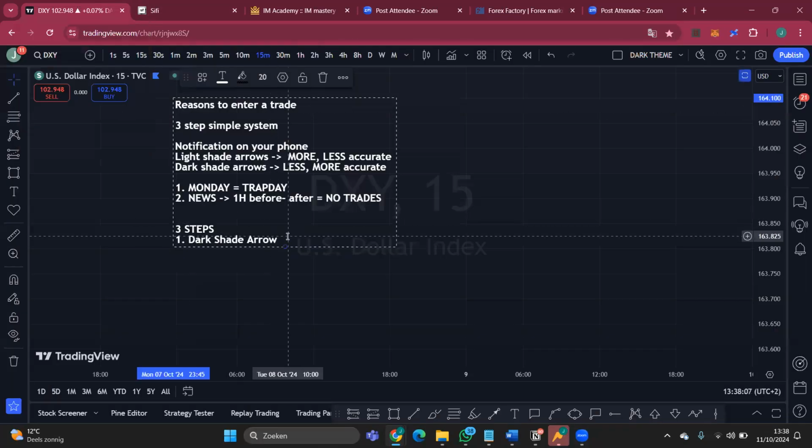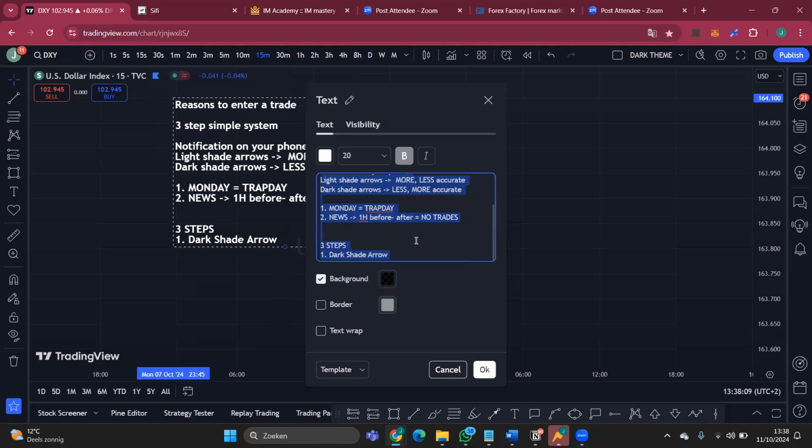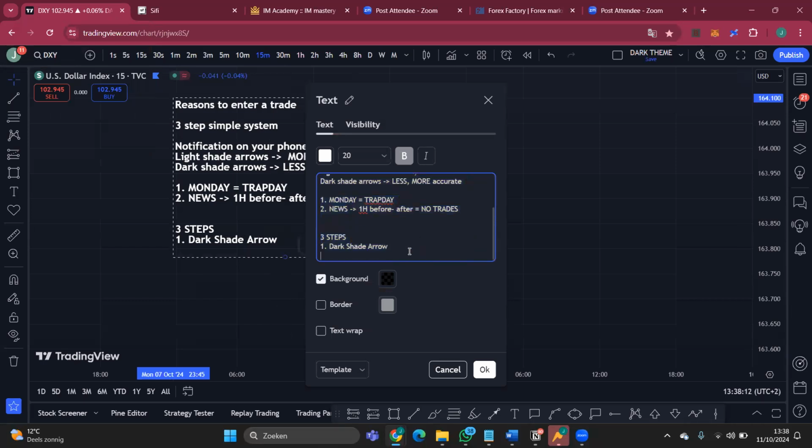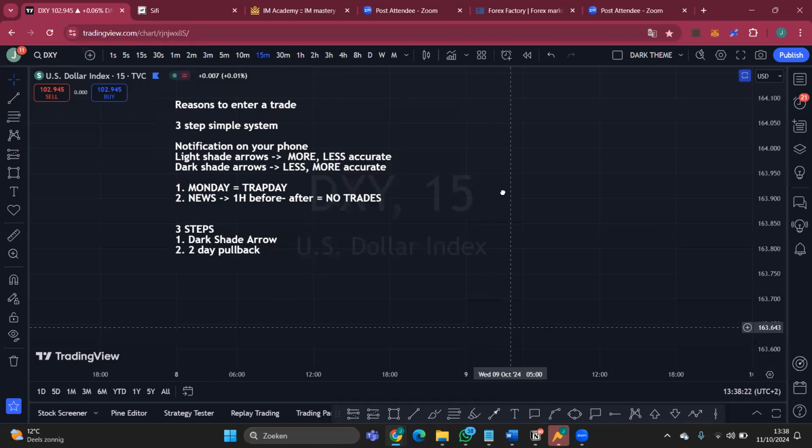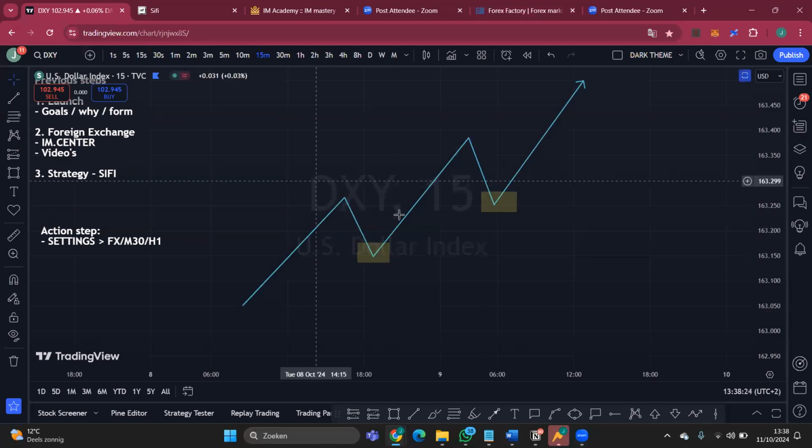Now, the second step is what we're looking for to know if this is really an arrow that we want to dive deeper into. We want to have a 2-day pullback. The 2-day pullback will help us make sure that we are at the right place in this uptrend, for example.